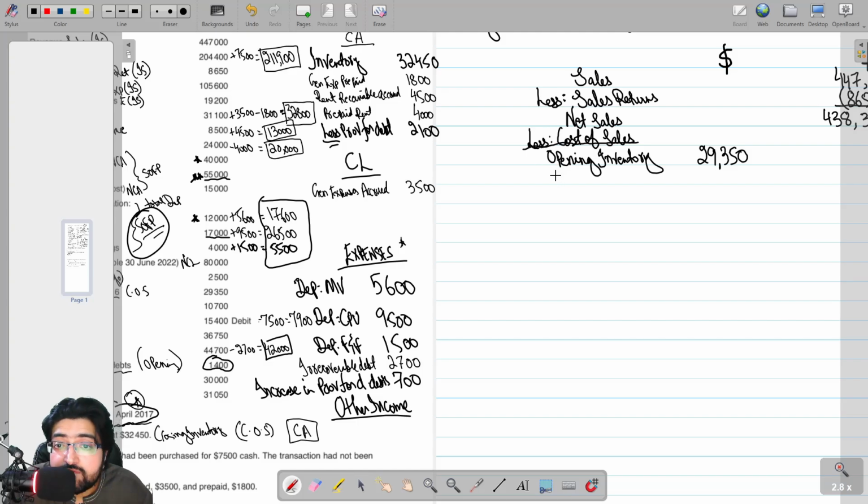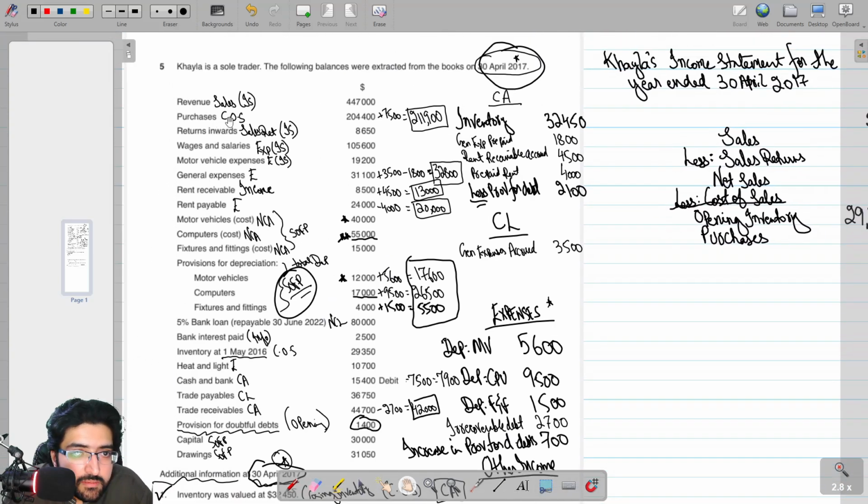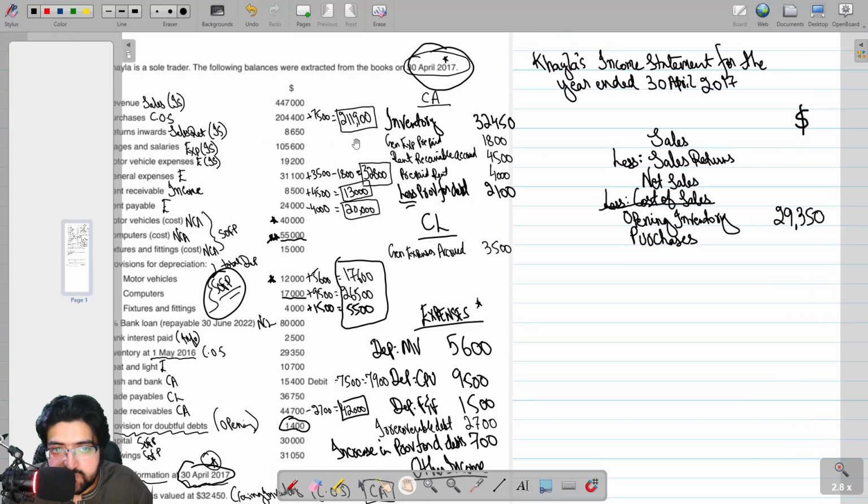The next thing after opening inventory is that we write down the amount of purchases. So again, let's look at the value from the question. Purchases are 211,900. We will not use the old value given in the question. No, don't use this value. We make changes to the question so that we can use the new values to prepare proper statements.